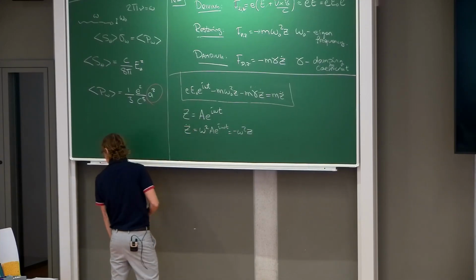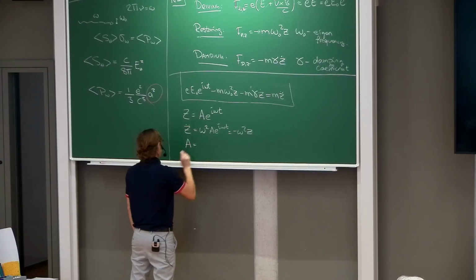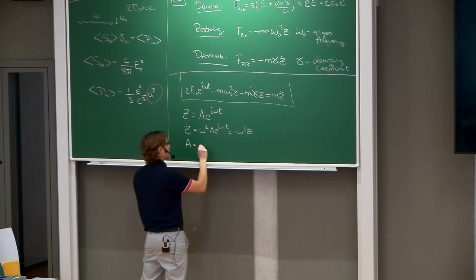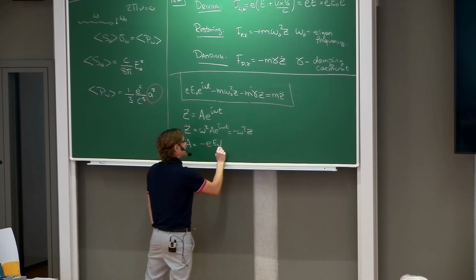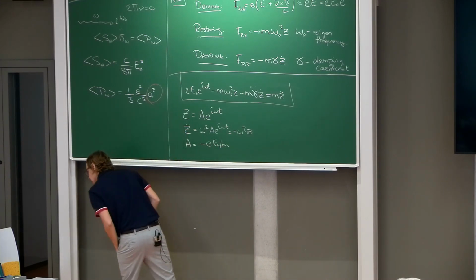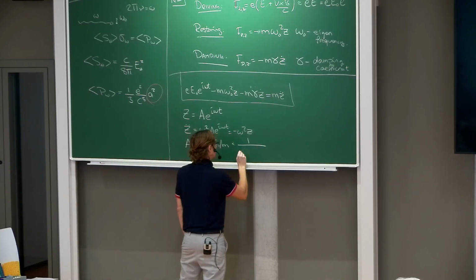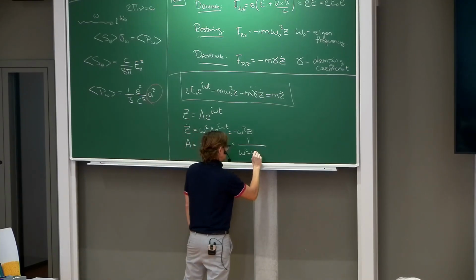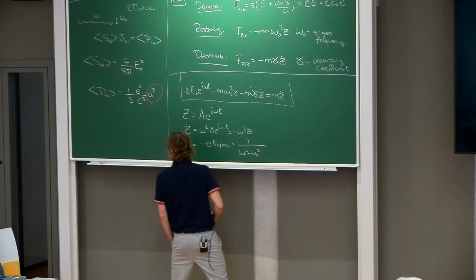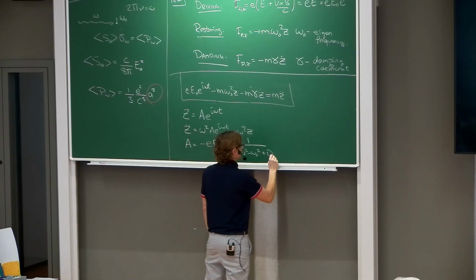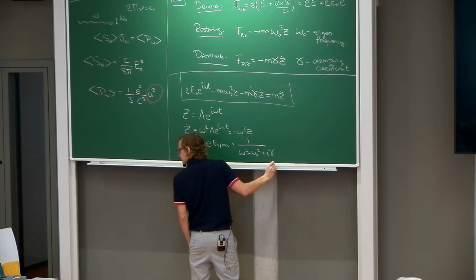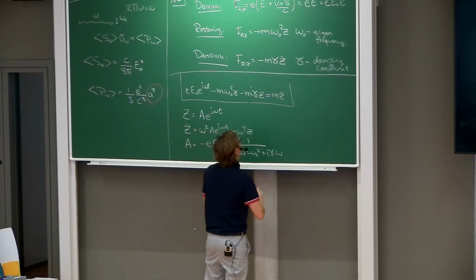And we can also solve for the amplitude. I have to actually look up the expressions here because I don't really remember them. Times 1 divided by ω0² minus ω² plus iγω.